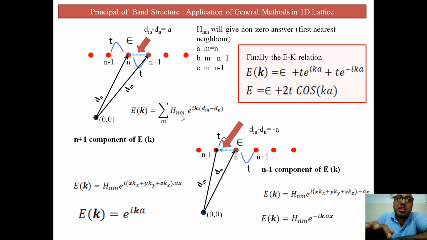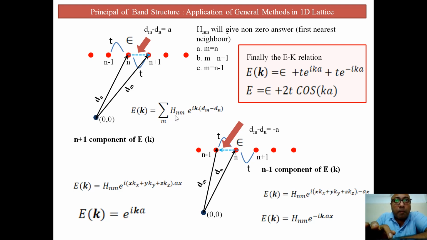As a part of the summation, when m is equal to n, that is h n n. So you see h n n, and what is the phase factor over here? Because m is equal to n, dm minus dn is equal to 0, so this phase factor would be 1.